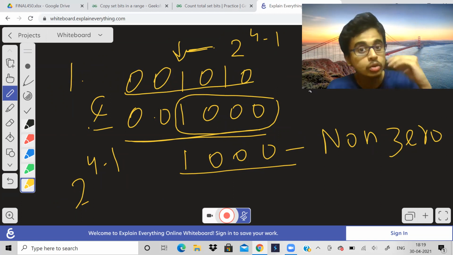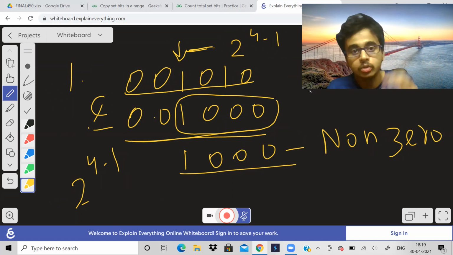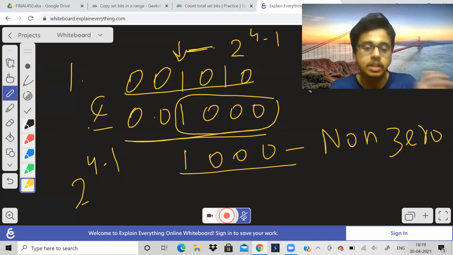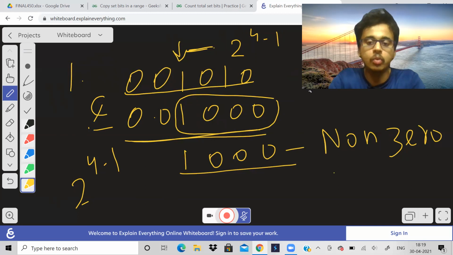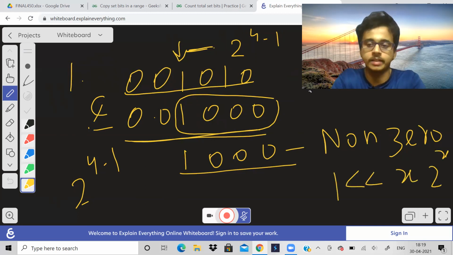And how to do 2 to the power? What does 2 to the power anything in bitwise correspond to? Left shift operation. If I do 1 left shift x, it is nothing but 2 power x, right? So this is how you check if a bit is set or not.